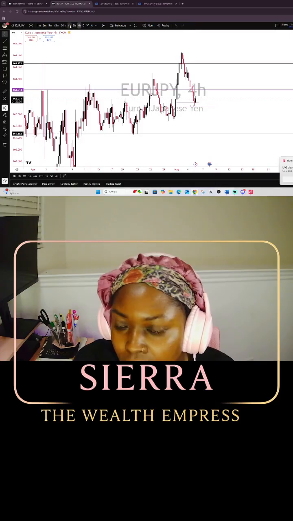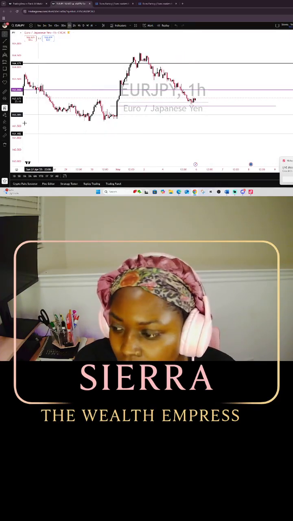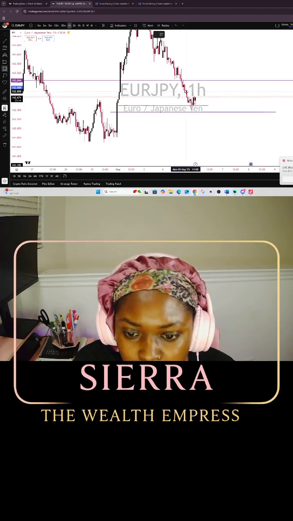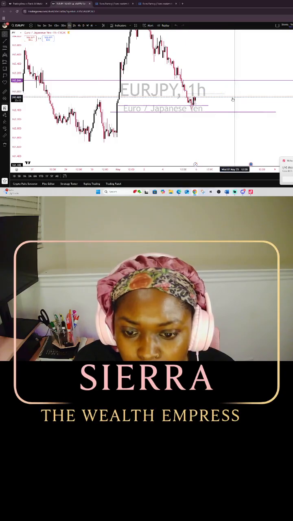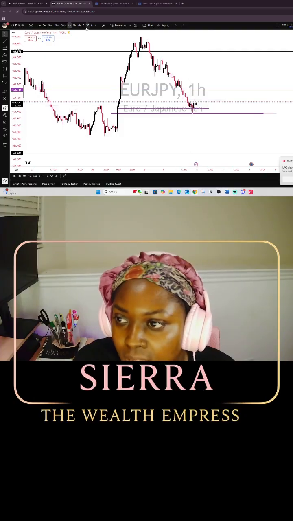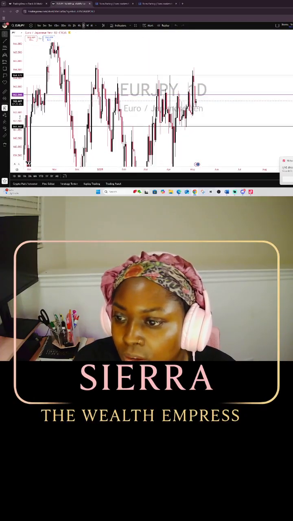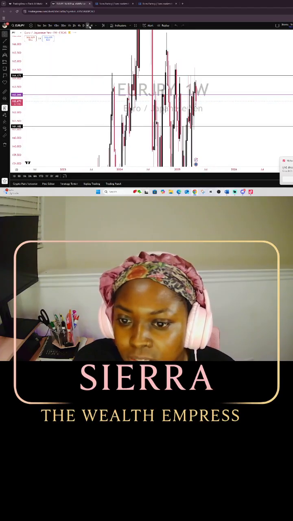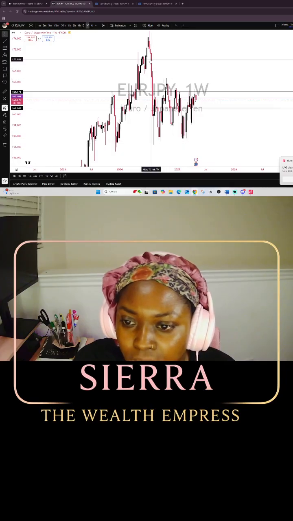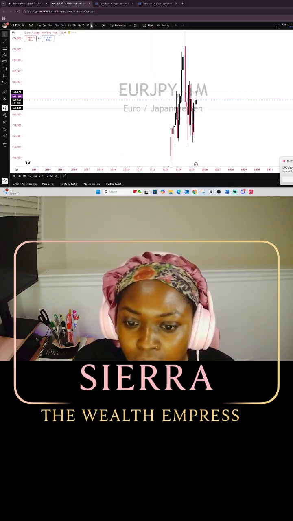If it gets on top of this gap right here and retests it, then I'm going to get in. And I'm going to take it back to the high. Is there any gaps up here for this? Ooh, I'm sorry. There's a gap, but that's too far.